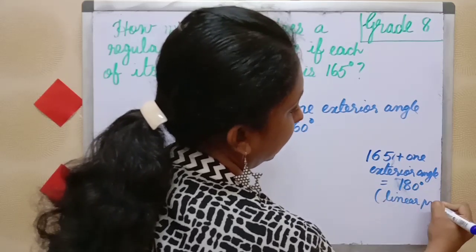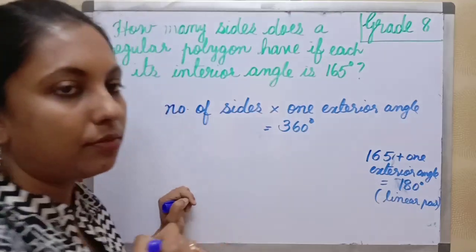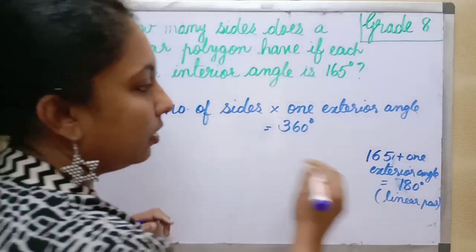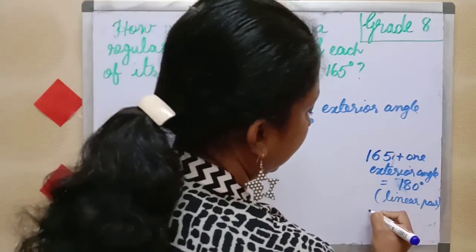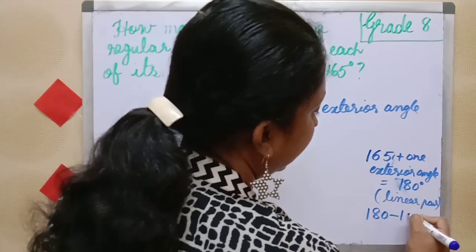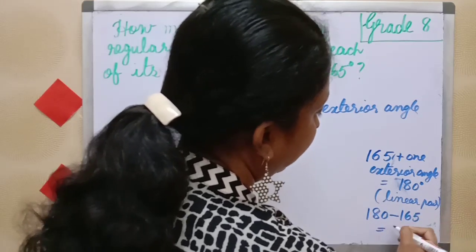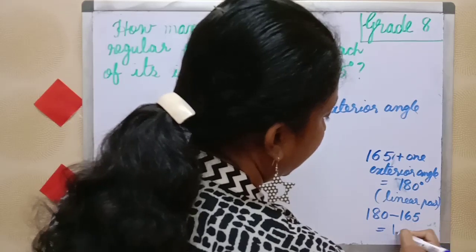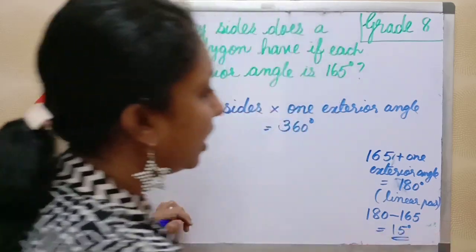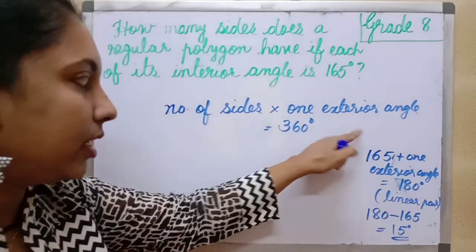Adjacent exterior angle forms a linear pair. So how can we find one exterior angle? 180 minus 165, that is 15 degree. So one exterior angle we got 15 degree.